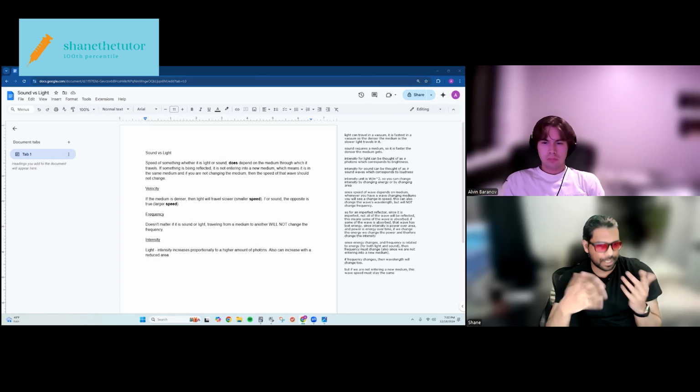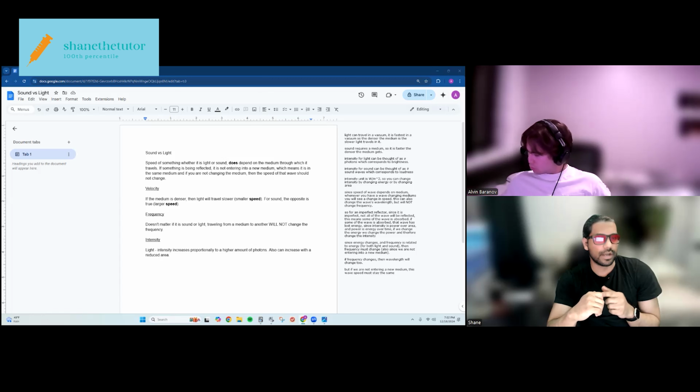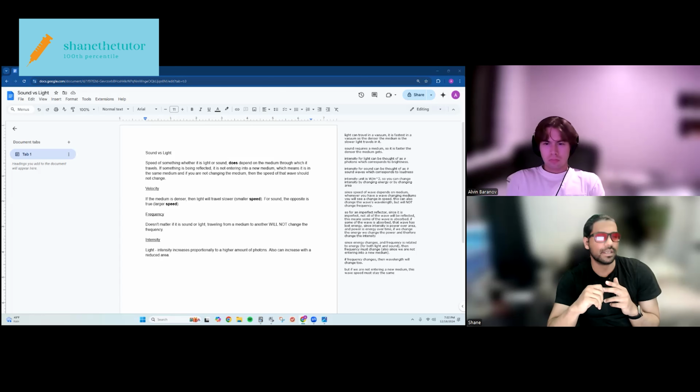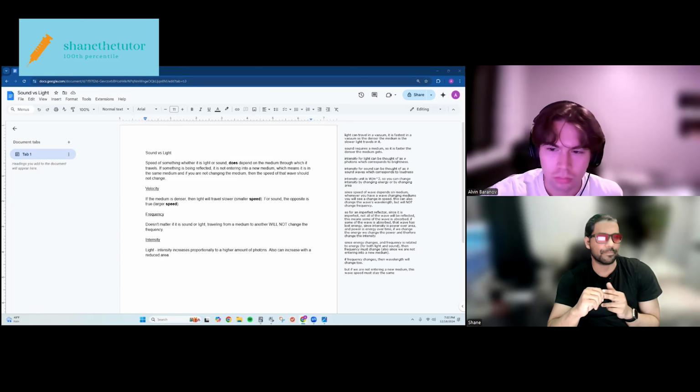And also, because we're not entering into a new medium, frequency does not have to stay the same. So if frequency changes, then the wavelength will change too. But if we are not entering a new medium, the wave speed must stay the same because the wave speed is dependent on the medium.